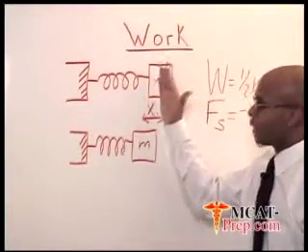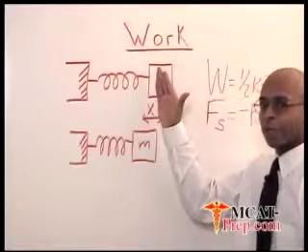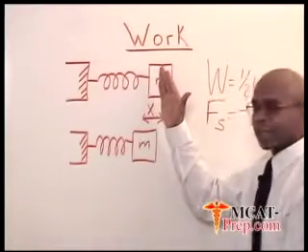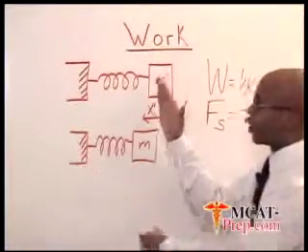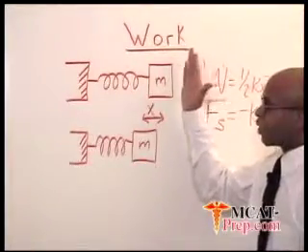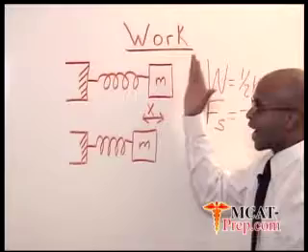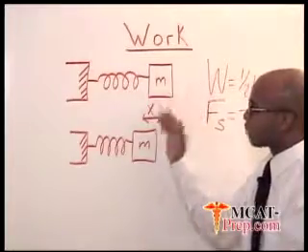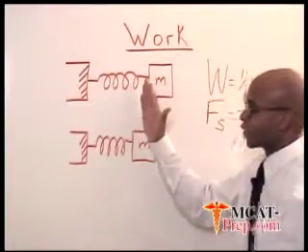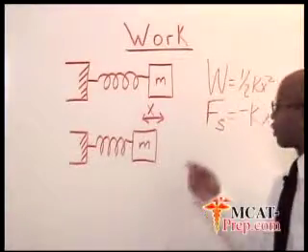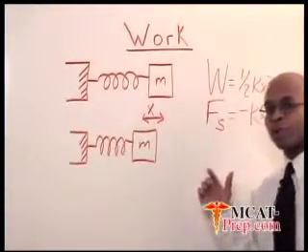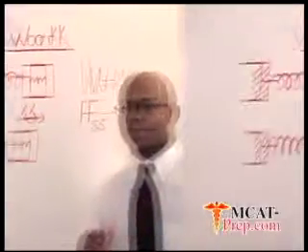As we push on the mass, squishing the spring, clearly the spring will be pushing in the opposite direction. So we are applying a force in this direction, and as we displace in this direction, the spring force is pushing in the opposite direction. Therefore, the spring force is negative kx.